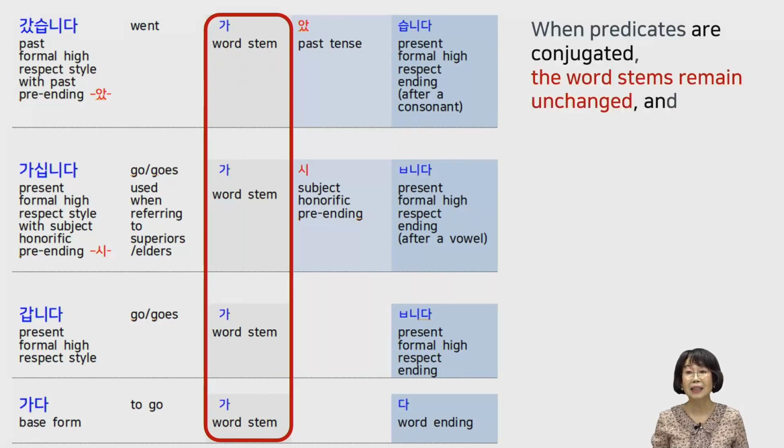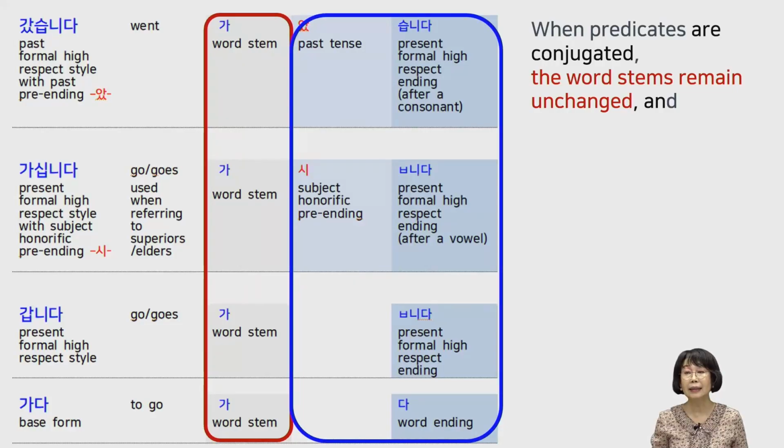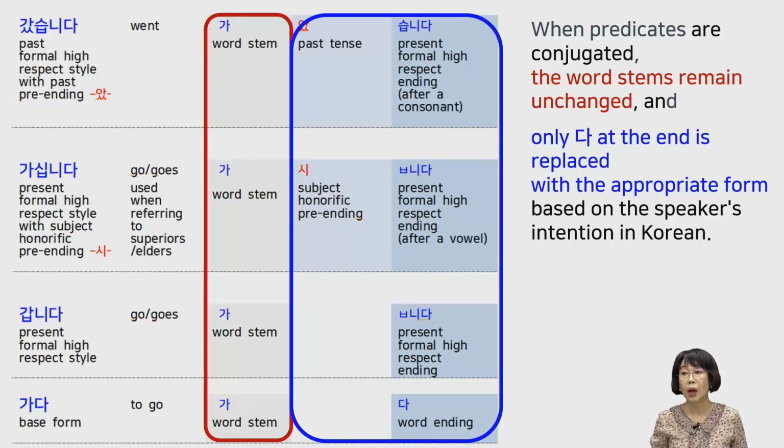So 가. When predicates are conjugated, the word stem remains unchanged, and only the word ending 다 at the end is replaced with an appropriate form based on the speaker's intention in Korean.